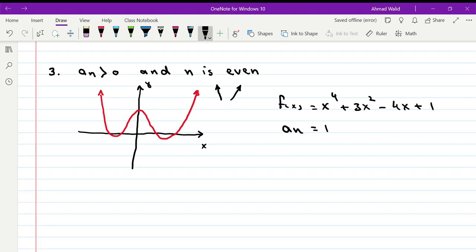Your leading coefficient is 1, correct, which is the coefficient of x to the power of 4. And 1 is greater than 0. It's a positive number. The degree of your polynomial function is 4, which is an even number. Then the end behavior is the graph goes up on the left side and the graph goes up on the right side.